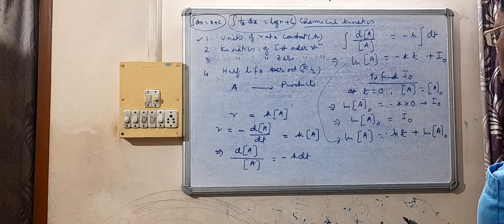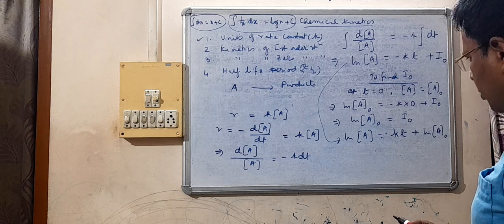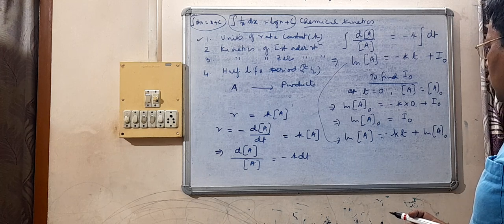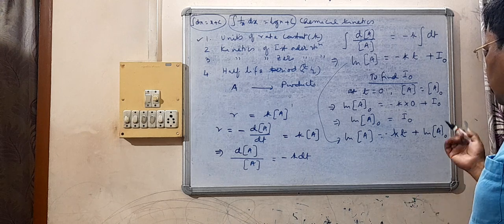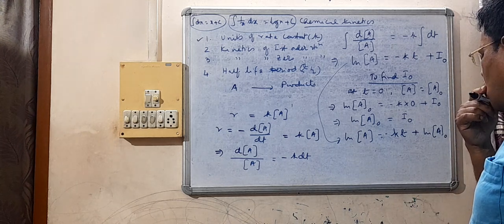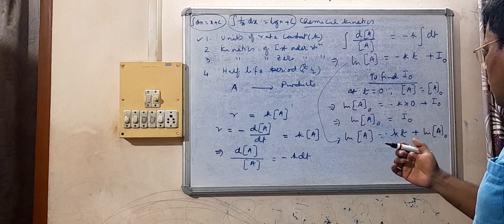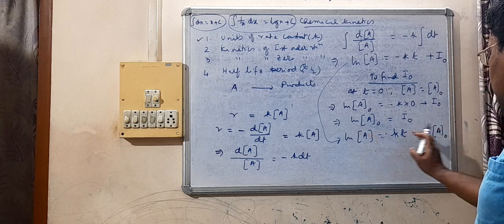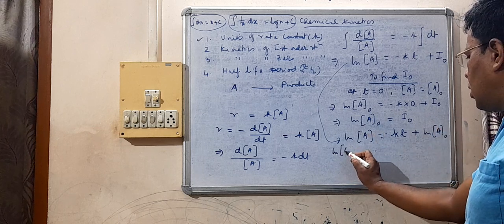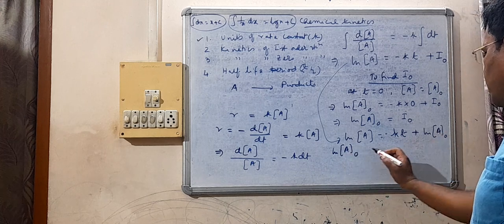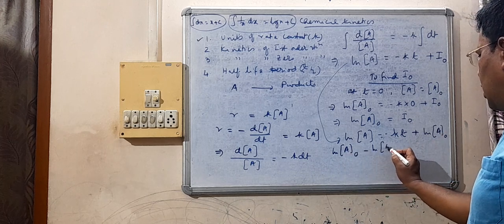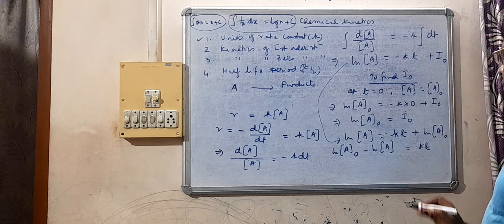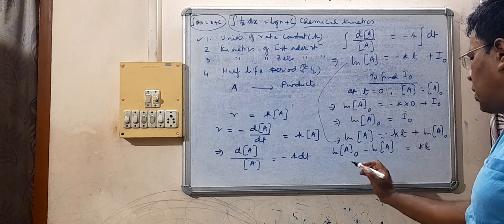Now if I take this on this side, from here we can write ln A naught minus ln A. On rearranging, it will become like this.